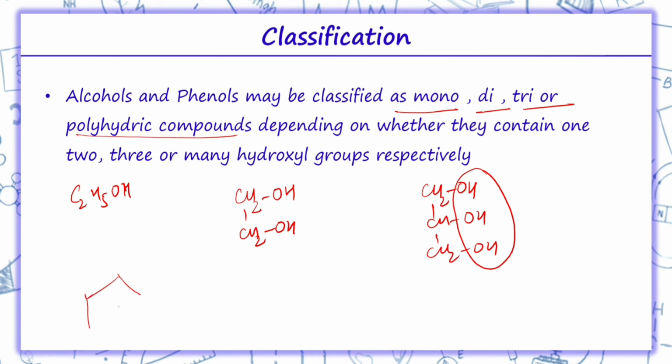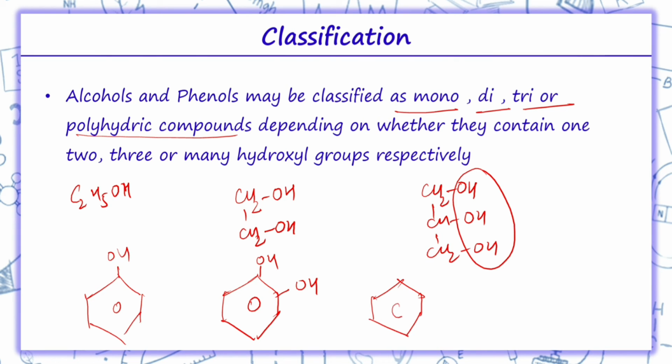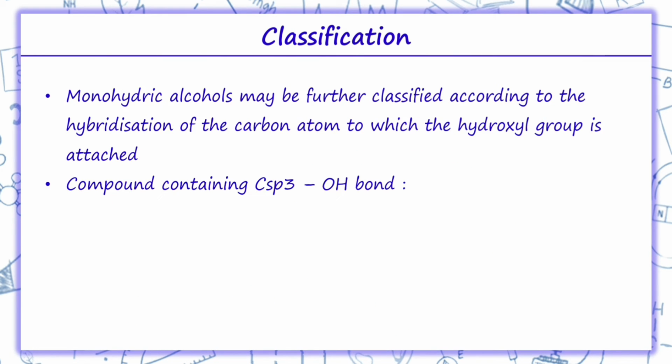Similarly, in phenols, if only one OH group is there, monohydroxy; 2 OH groups are there, dihydroxy; and 3 OH groups are there, so trihydroxy. So this is how alcohols and phenols are classified.